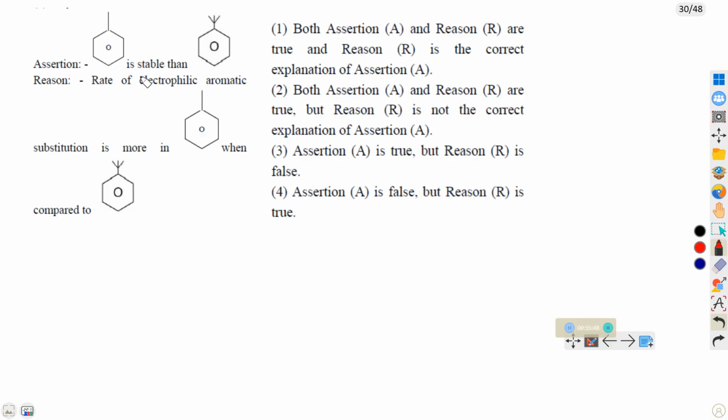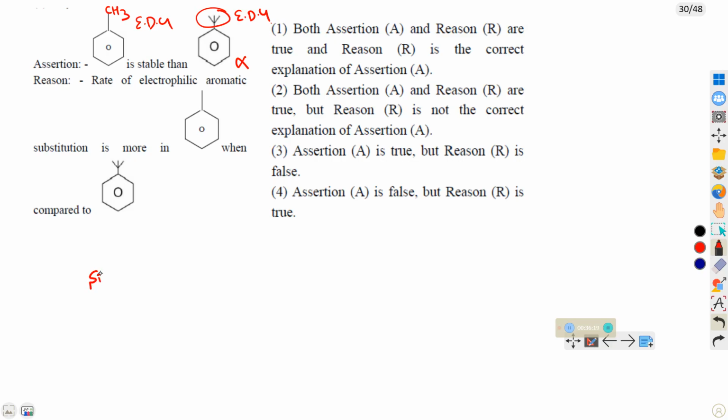Assertion: C6H5 here is nothing but CH3. Toluene is more stable than tertiary butyl benzene. Wrong. We know that toluene has an electron donating group. Tertiary butyl is also an electron donating group. Which is the stronger electron donating group?